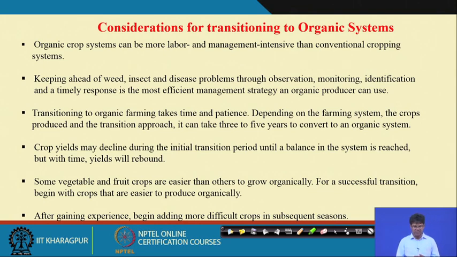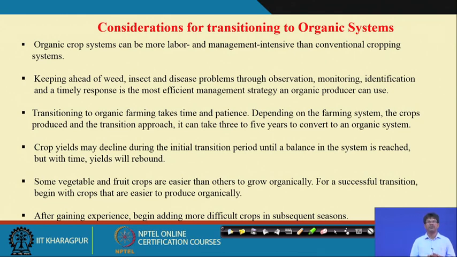Similarly, for pests and diseases. Somehow the technology interventions are very poor in case of organic farming. So, it is a labor consuming and also time taking process as compared to conventional farming.